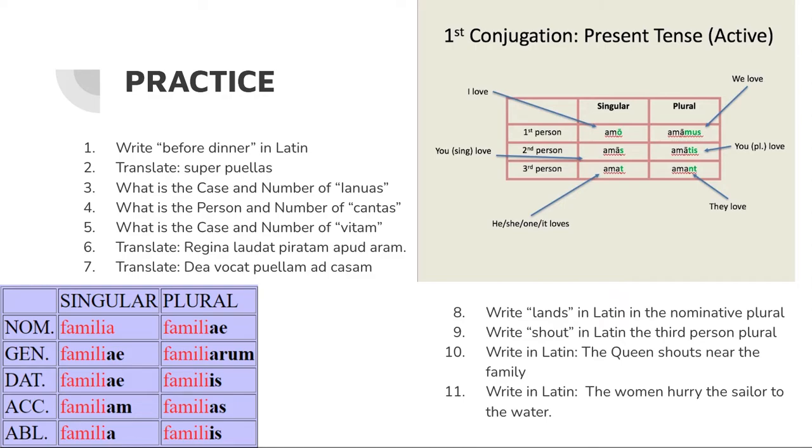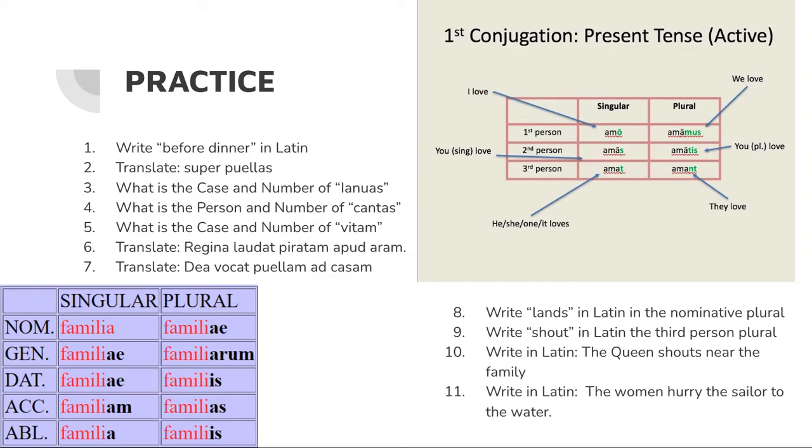Number three, what is the case and number of Yanuas? If you go to the chart on the bottom, you can see that Yanuas ends with an AS, and AS is the accusative plural place on the chart. So the case and number would be accusative plural. Now, number four, what is a person and number of kantas?